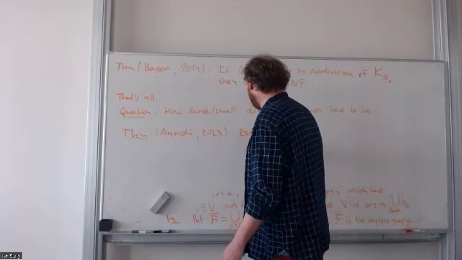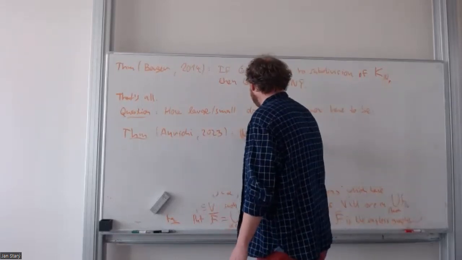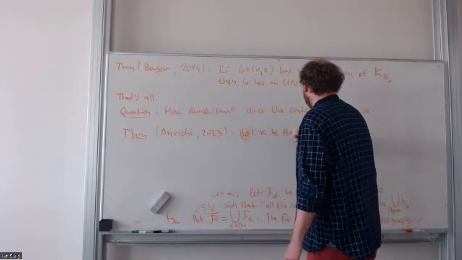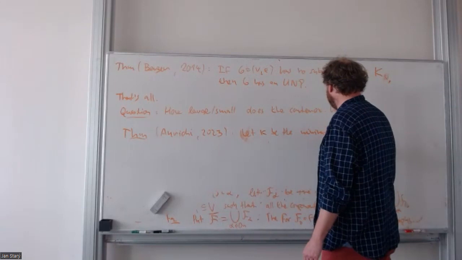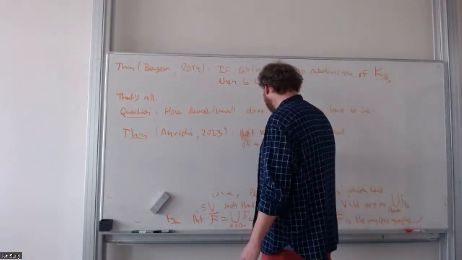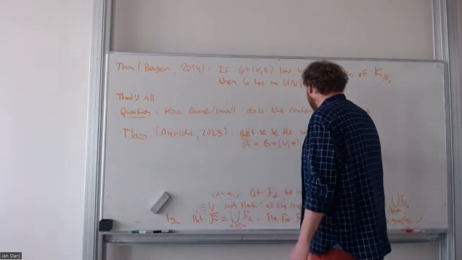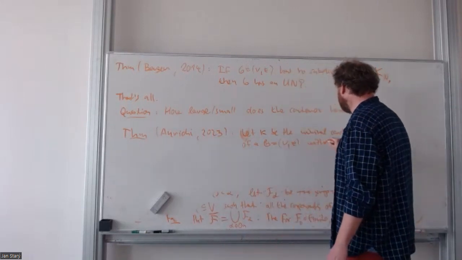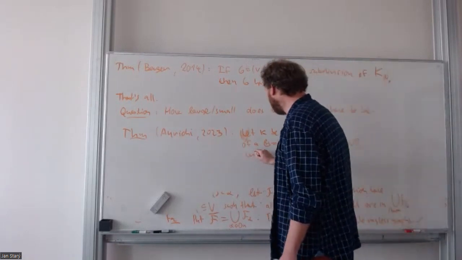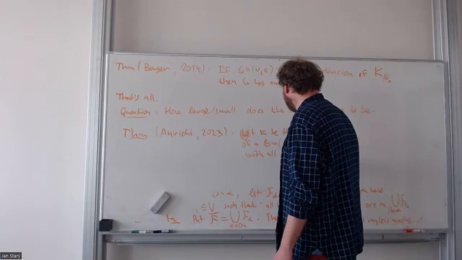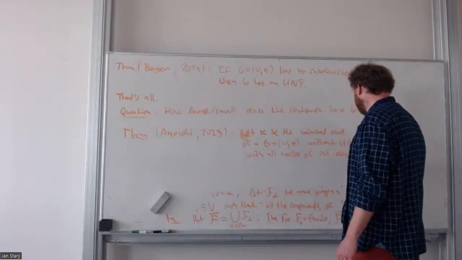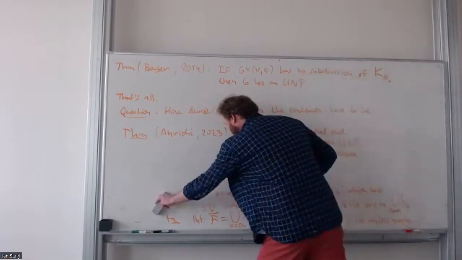Let kappa be the minimal cardinality of a graph without an unfriendly partition, with all nodes of infinite degree. Then, how big is it?